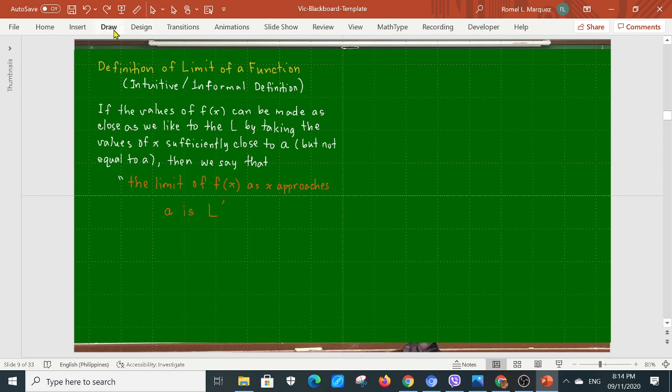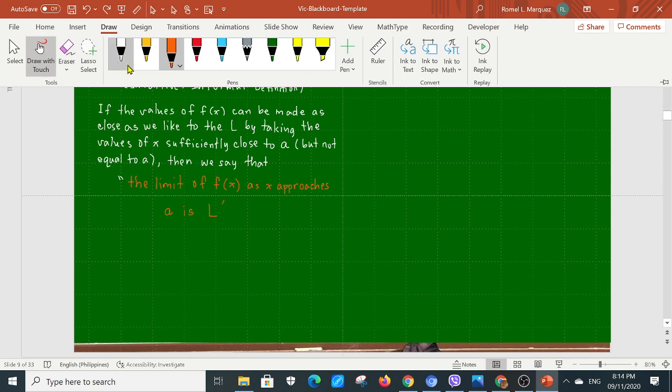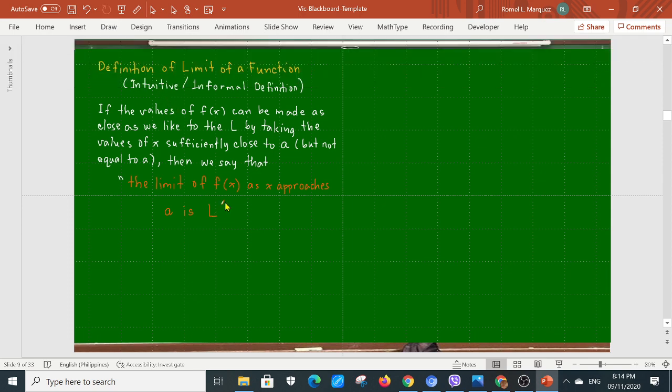So that's what we mean by making the values of f of x close to L by taking the values of x sufficiently close to a.